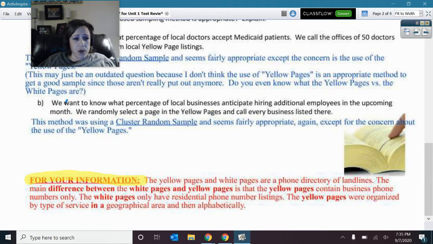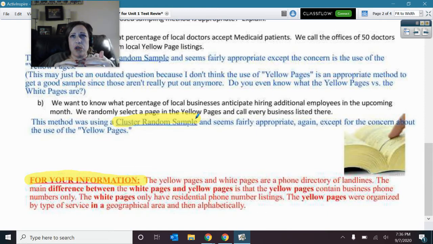Next, we want to know what percentage of local businesses anticipate hiring additional employees in the upcoming month. So then they randomly select yellow pages and call every business listed on it. So again, this is a cluster, and now that I understand yellow pages a little better, you could pick out the page about plumbers, and then the page about the doctors and the medical people, and then the page about electricians.